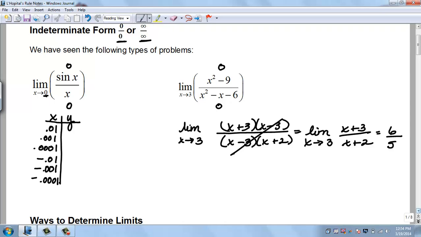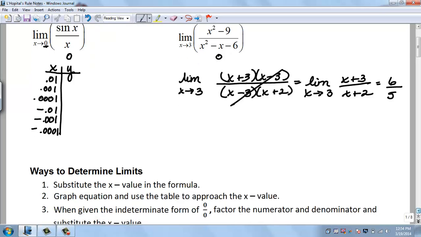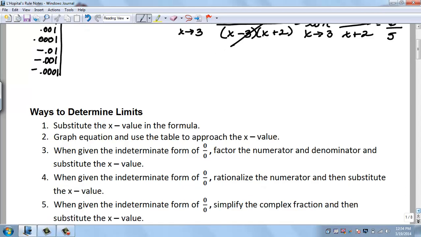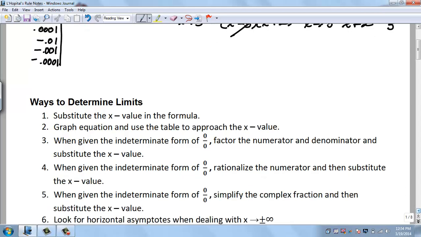We also did other things, and I'll review them here. These are things we've done before to determine limits. We substituted first. This is the main thing. You always substitute first. Don't skip this, because if you do not get the 0 over 0 or the infinity over infinity, then L'Hopital's rule does not work.